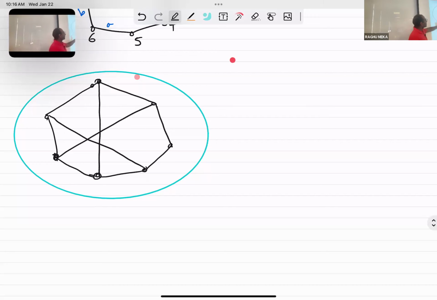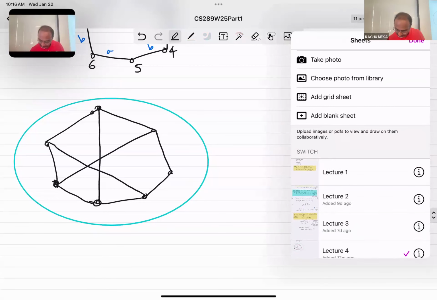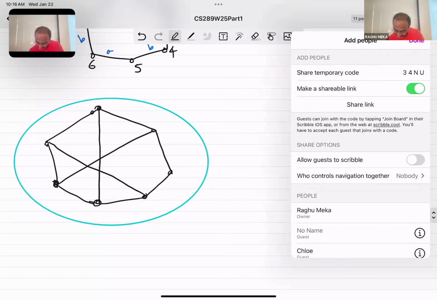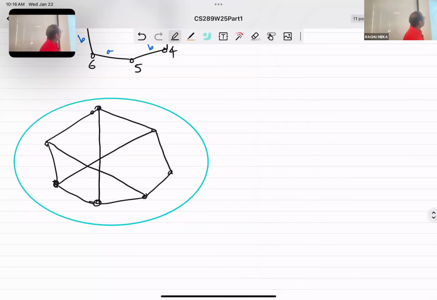Typically, you do it with more edges, but the pictures will get complicated pretty soon, so let me keep it simple. Okay, so this is my big graph G. And actually I want the degrees to match.